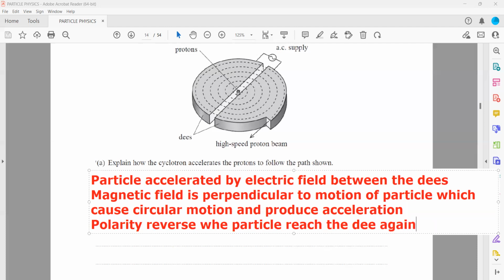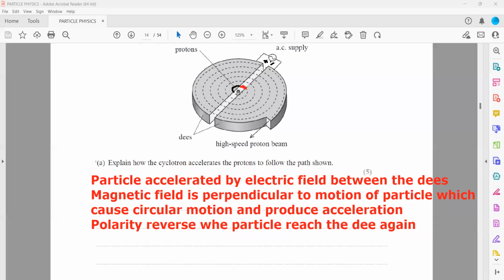In a linear particle accelerator, when it reaches another tube, it receives the same polarity, as it was reversing in between. But in a cyclotron, what happened? Say we want to accelerate a proton, and this was a proton moving. When it reaches this D, this will be negative, this will be positive, this will be negative. So it will accelerate.